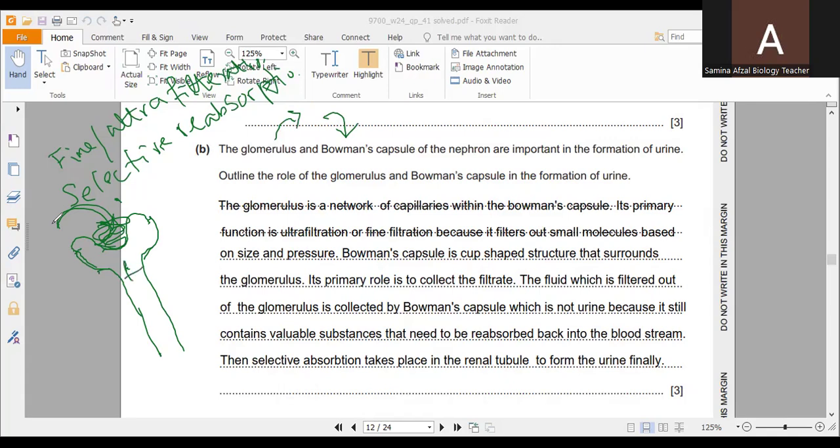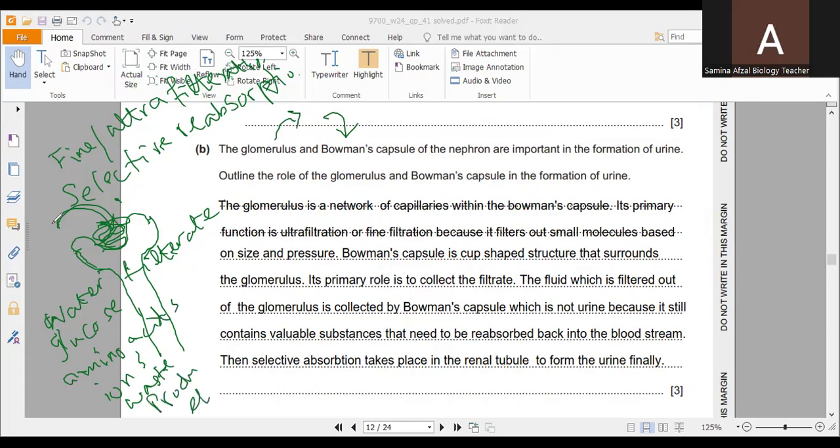So here will be the filtrate, and in the filtrate there will be water, glucose, amino acids, ions, and waste products in the form of urea, etc.